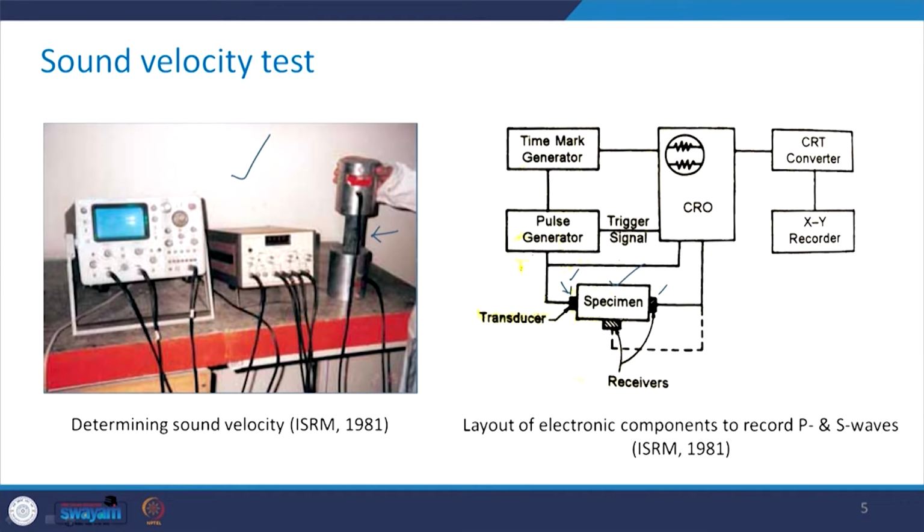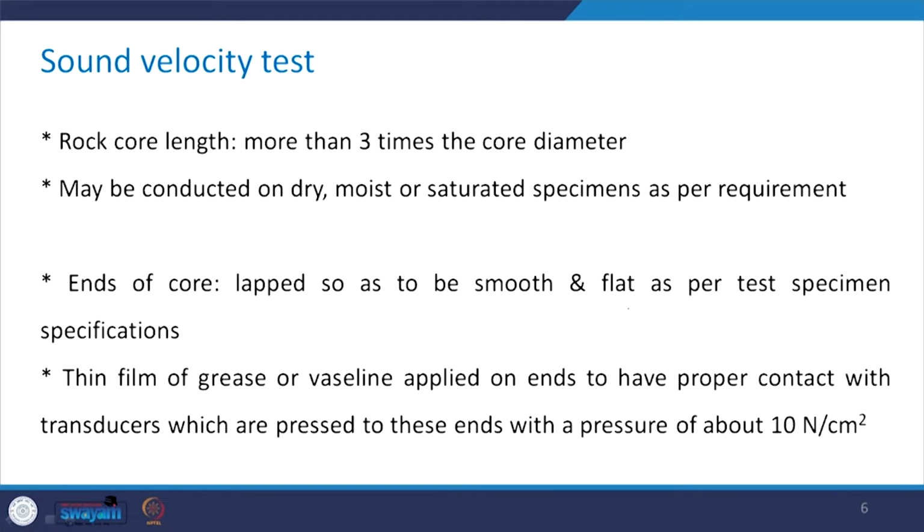One is exactly in the direction in which the wave is traveling, and another is in the other direction. From this test we obtain the velocity of P and S waves, and these velocities are then correlated with the dynamic elastic constants of the rock.